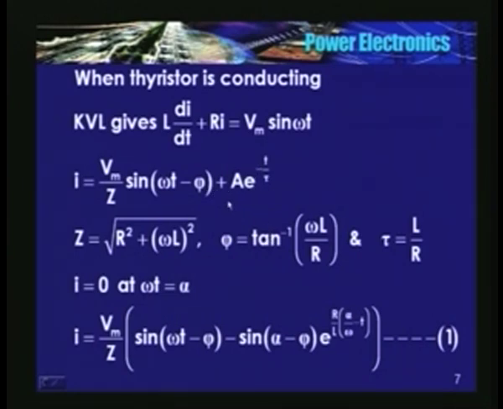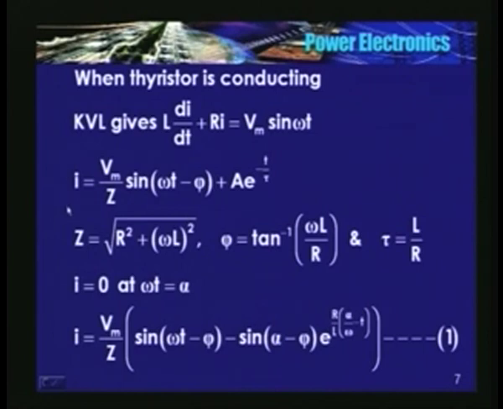We had derived this equation in the very first lecture in converters, where Z is equal to square root of R squared plus omega L squared, phi is tan inverse omega L by R and tau is L by R. So how do I determine the value of A? The boundary condition is I is equal to 0 at omega t is equal to alpha. I told you that current becomes 0 much before the thyristor is triggered.